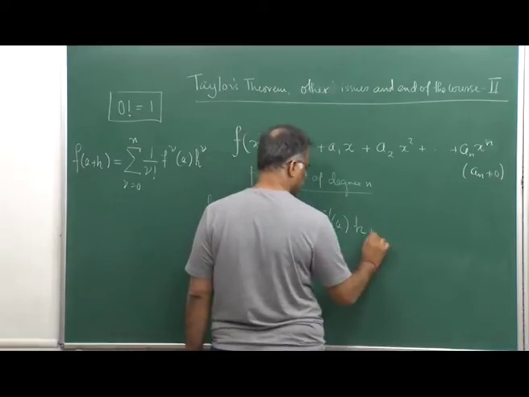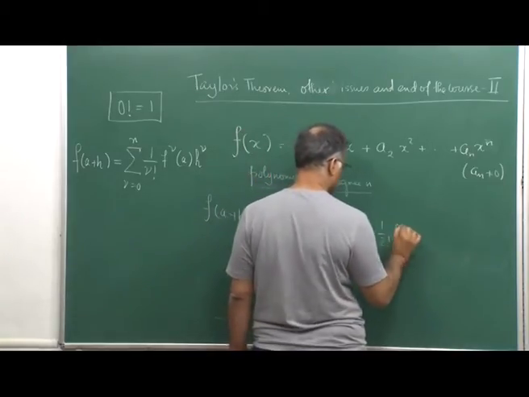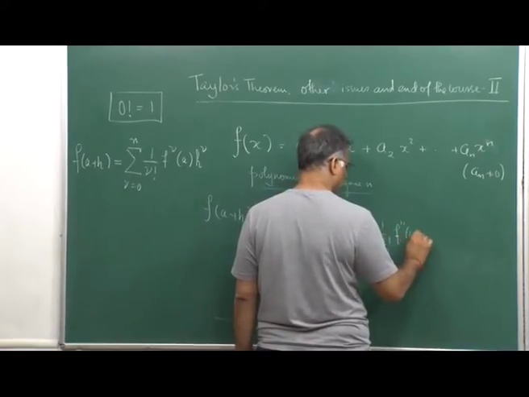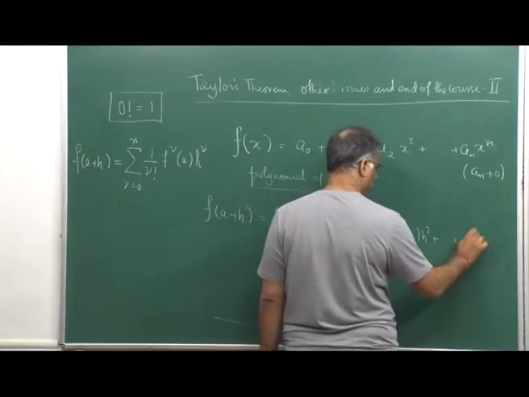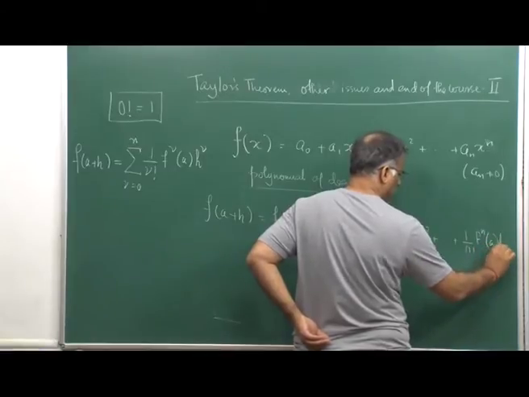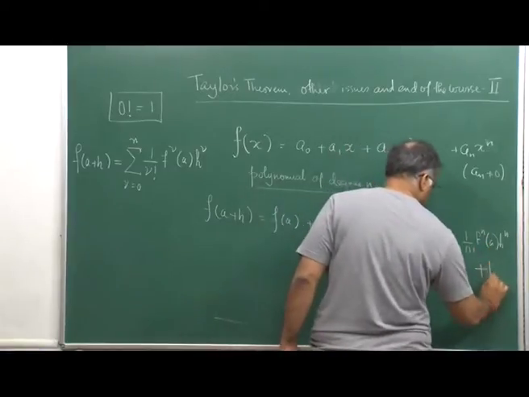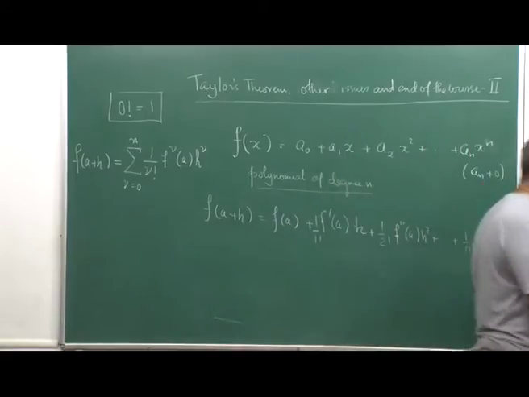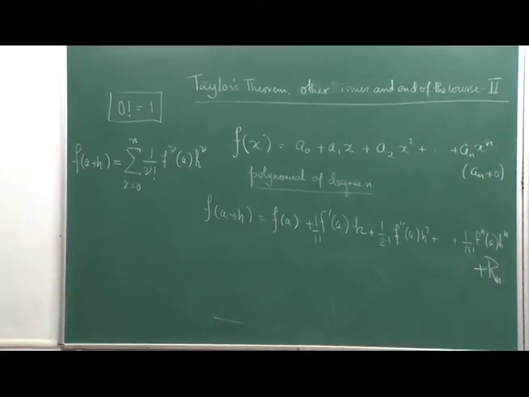One factorial plus this part plus Rn, a remainder term. So, this remainder term, this is an idea that we have to take from the last lecture, that a function which is not a polynomial, 1 by 1 minus x is not a polynomial, could be approximated by the polynomial Sn plus Rn, a remainder term which vanishes as n goes to infinity.